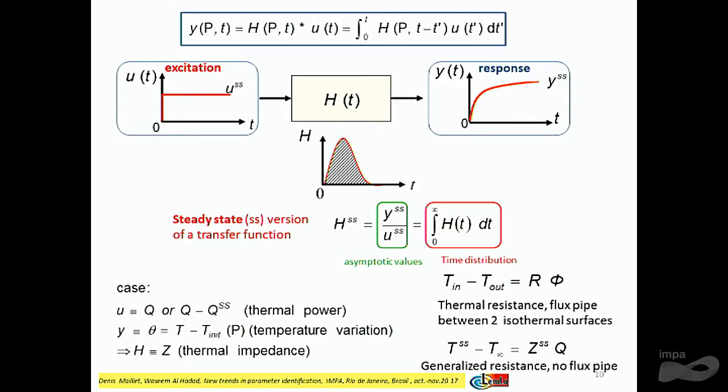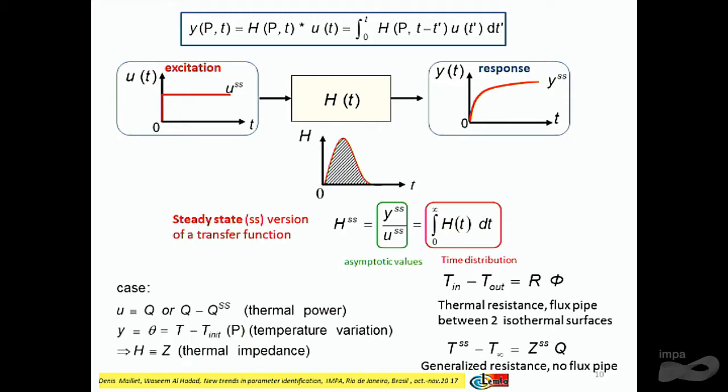For example, in heat transfer in engineering, very often on a flux pipe we write T in minus T out between two isothermal surfaces which are connected by a cylindrical insulated surface. There is a flux, and we call this quantity a resistance.